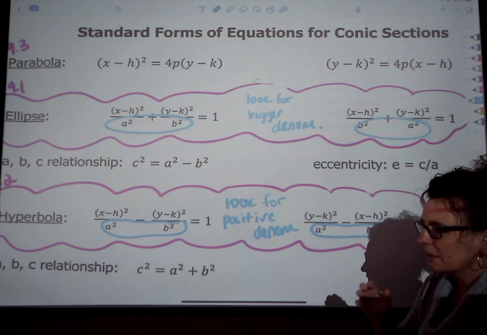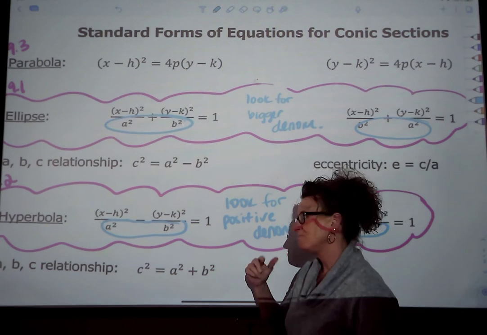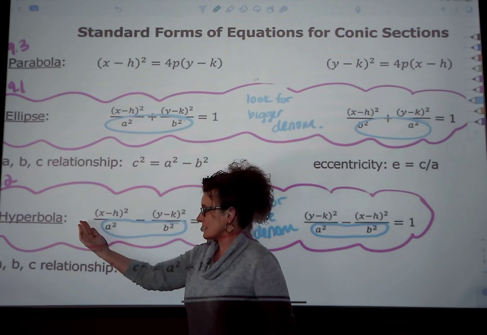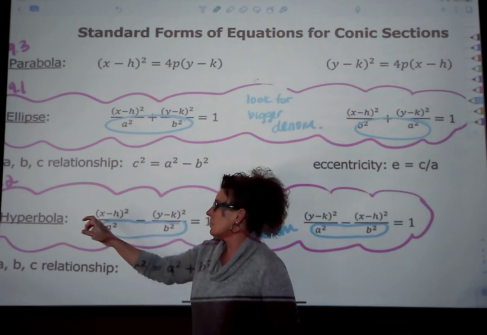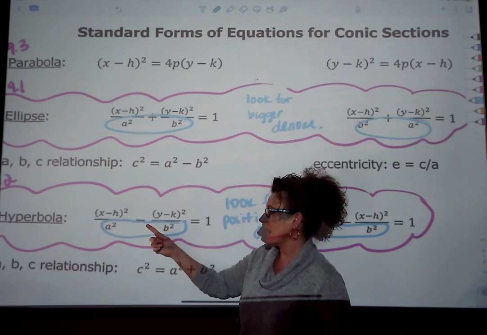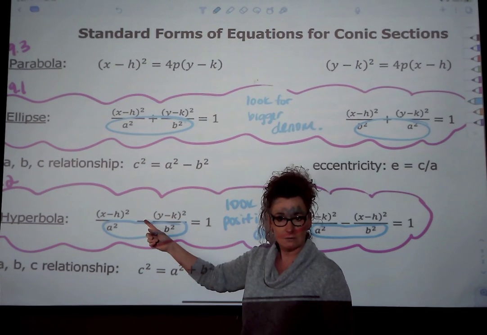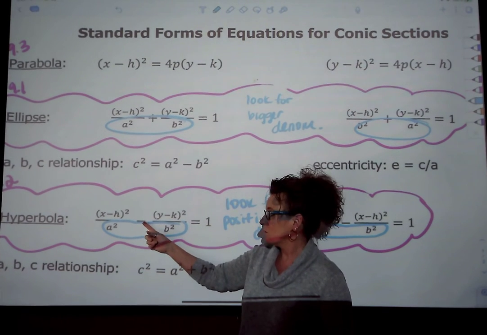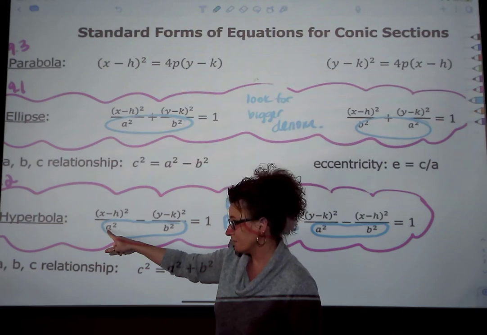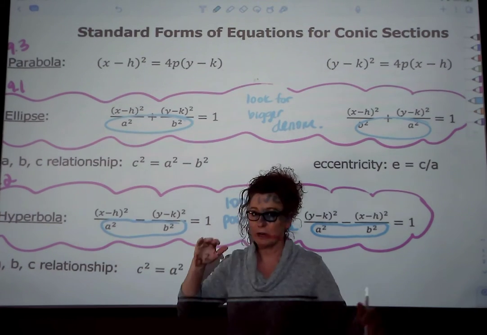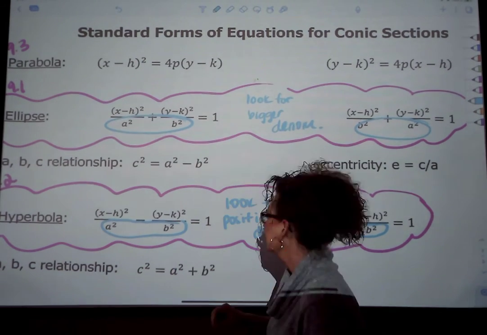And you might say, well, they both look positive to me. Well, kind of. This entire fraction is positive. This one has a negative out in front. So I'm looking for the positive denominator to see which way it's oriented.